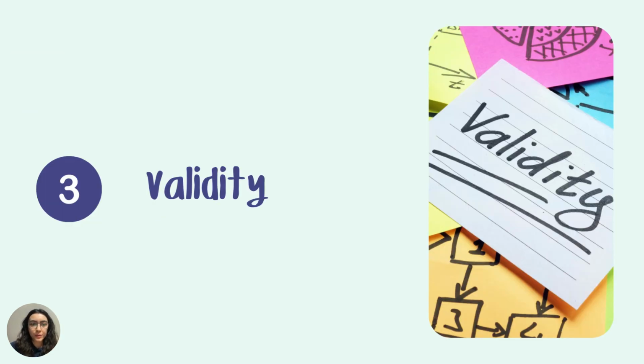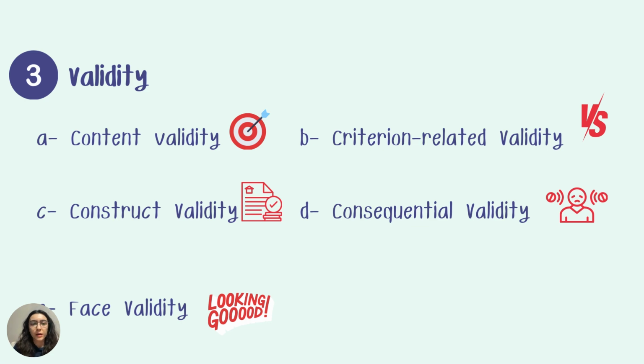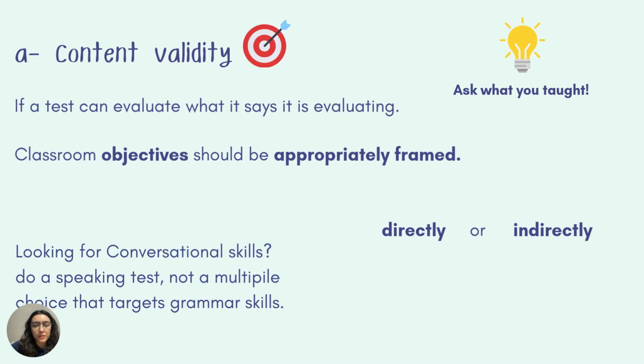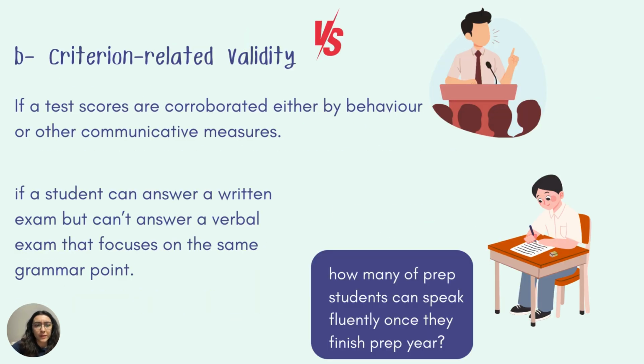So the next one is validity. In this topic, we will cover, let's see, 5 subtopics. So content validity, construct validity, face validity, criterion, and consequential validity. So let's start with the content validity.